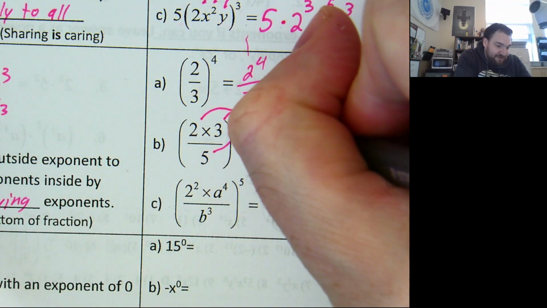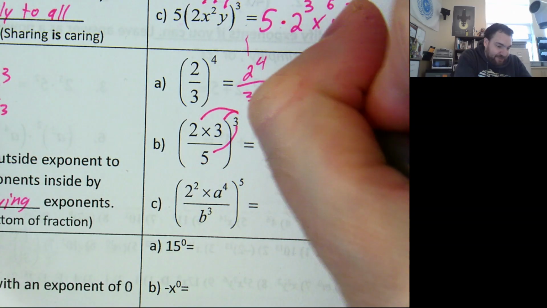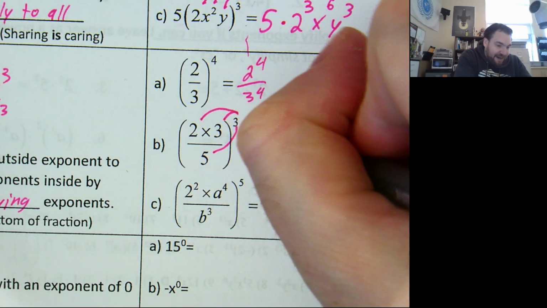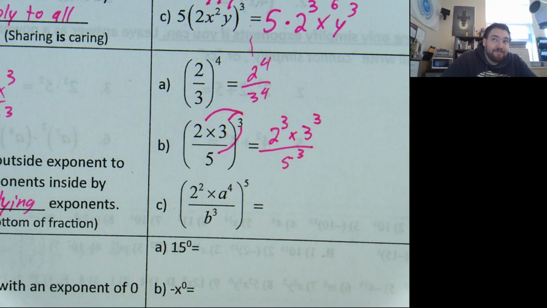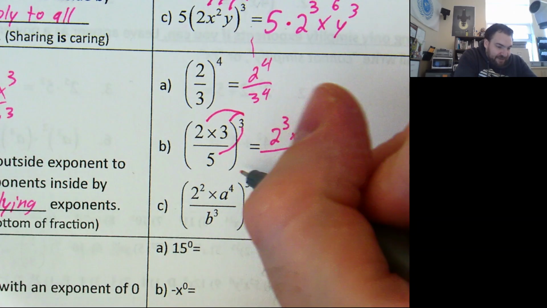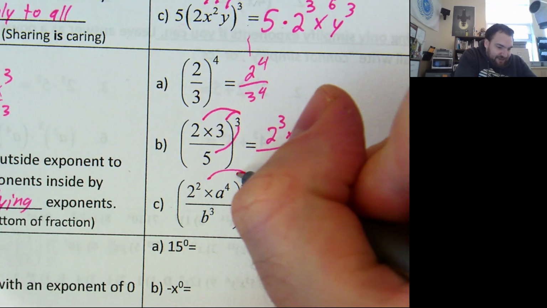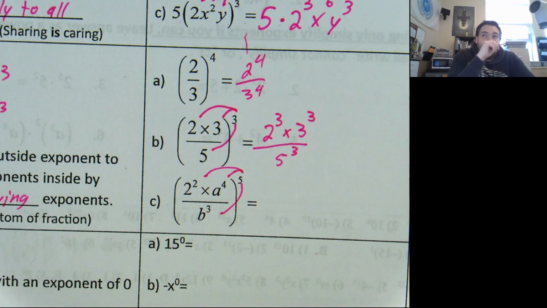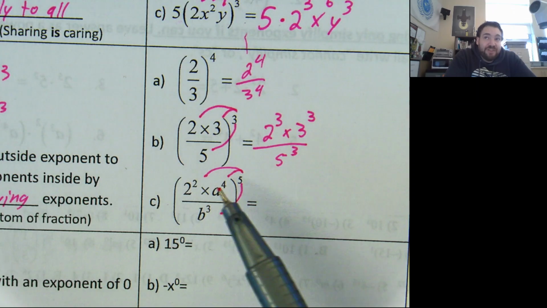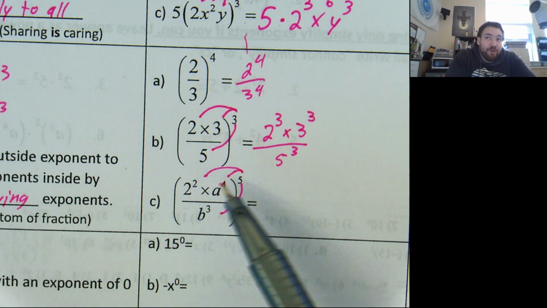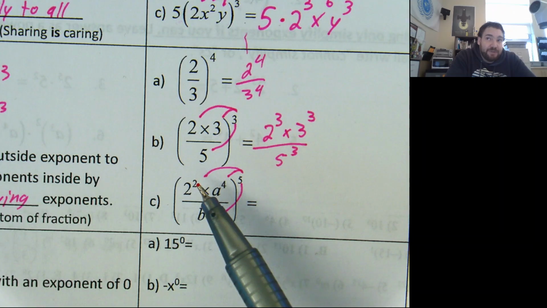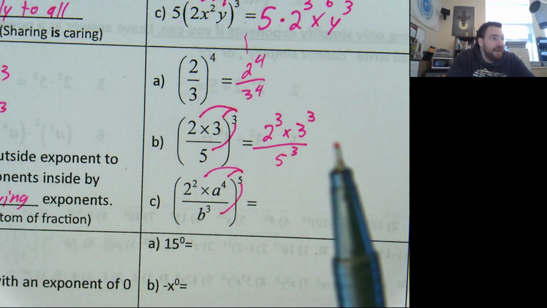2 cubed times 3 cubed all over 5 cubed. And then the last piece here is the same. This 5 is going to go onto each of these pieces. These now, though, have exponents already. So when you've got a power to a power, we multiply.